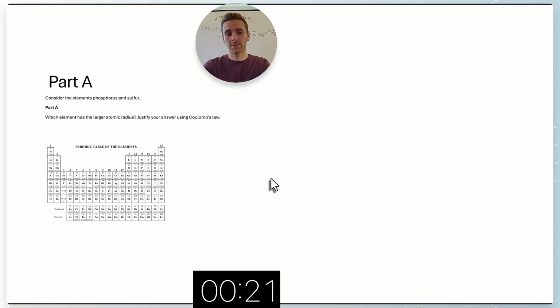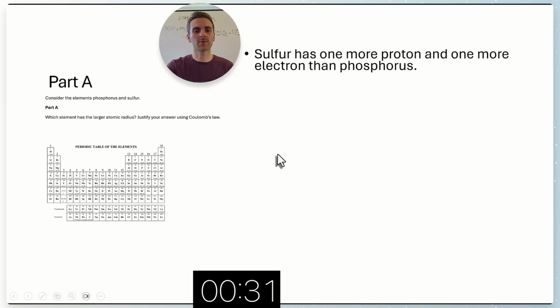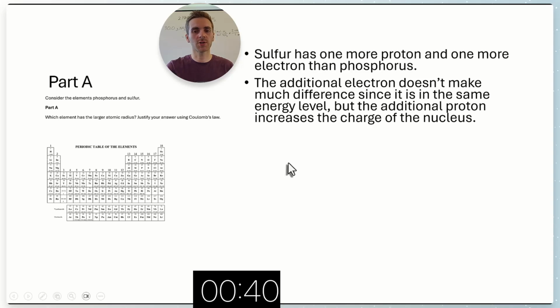Okay, so as I talked about in my previous video on the multiple choice multi-question set, which was a similar question but multiple choice, atomic radius decreases as we go to the right on the periodic table because the effective nuclear charge increases. So sulfur has 1 more proton than phosphorus.